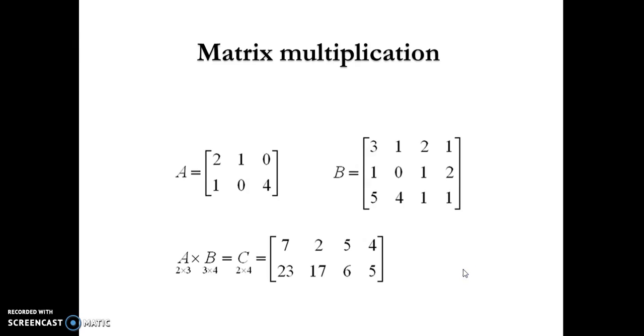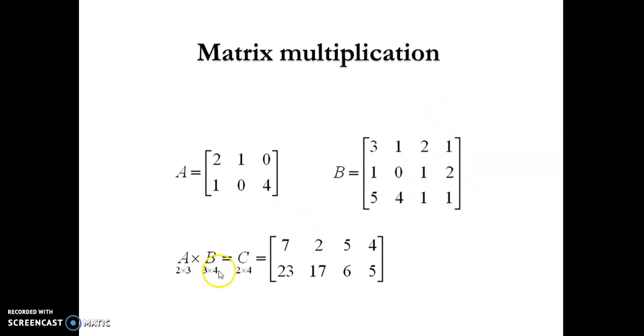Here's another example. So I'll take my time to go through it. You've got matrix A times matrix B, and you're going to get matrix C as an answer. So here, let's check the order. I have 2 rows by 3 columns. So that is my order for matrix A. Matrix B has 3 rows by 4 columns.